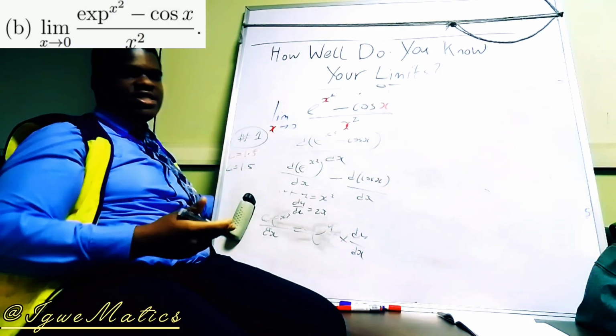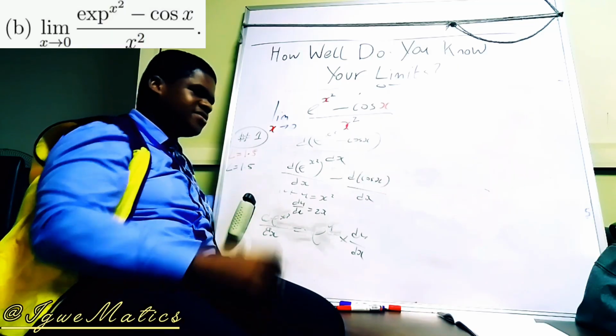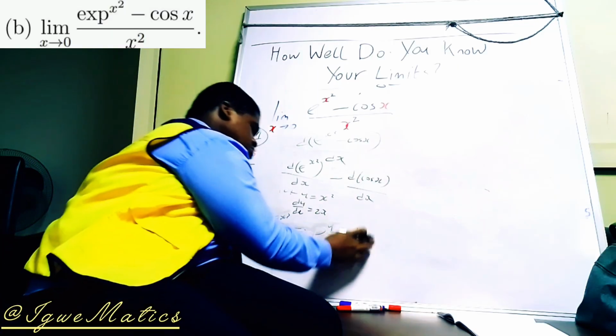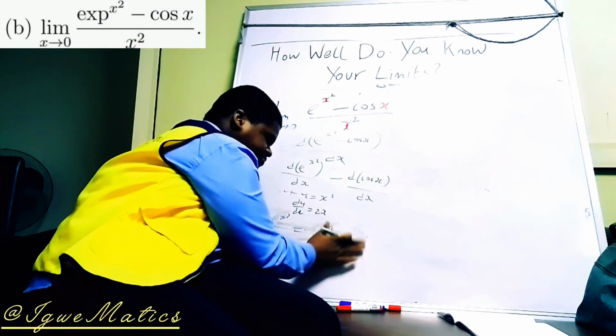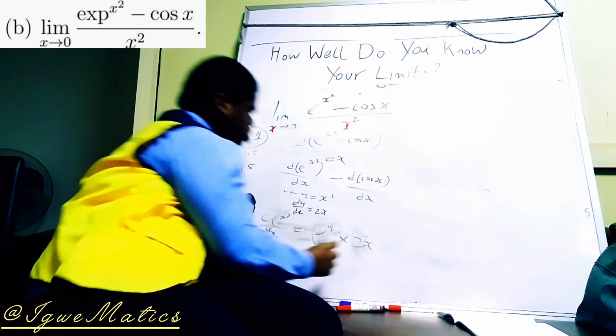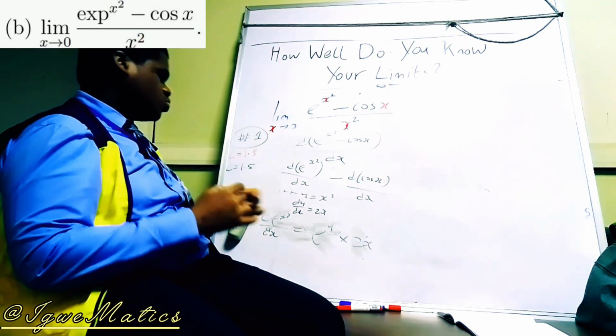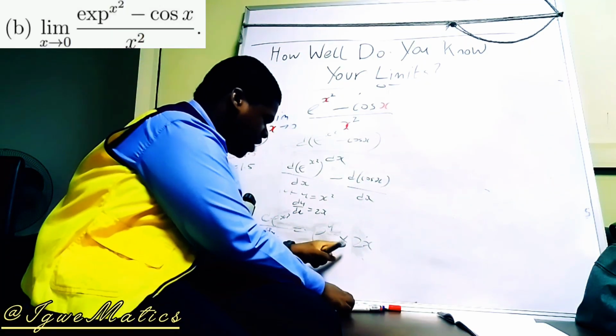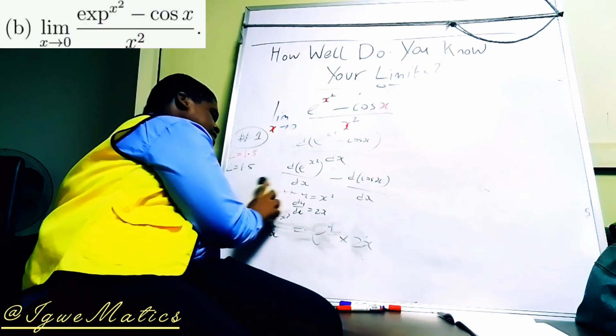Of course, nothing changes if you derive it or integrate it, you get e to the power of u. du/dx, we already solved as 2x. So if you differentiate e to the power of x squared, all you're left with is 2x times e to the power of x squared.